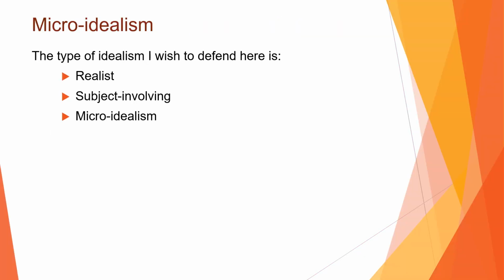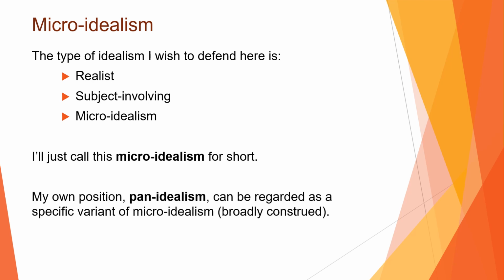The type of idealism I wish to defend here is realist, subject involving, micro-idealism. I'll just call this micro-idealism for short. My own position, Pan-Idealism, can be regarded as a specific variant of micro-idealism, when this latter term is broadly construed.